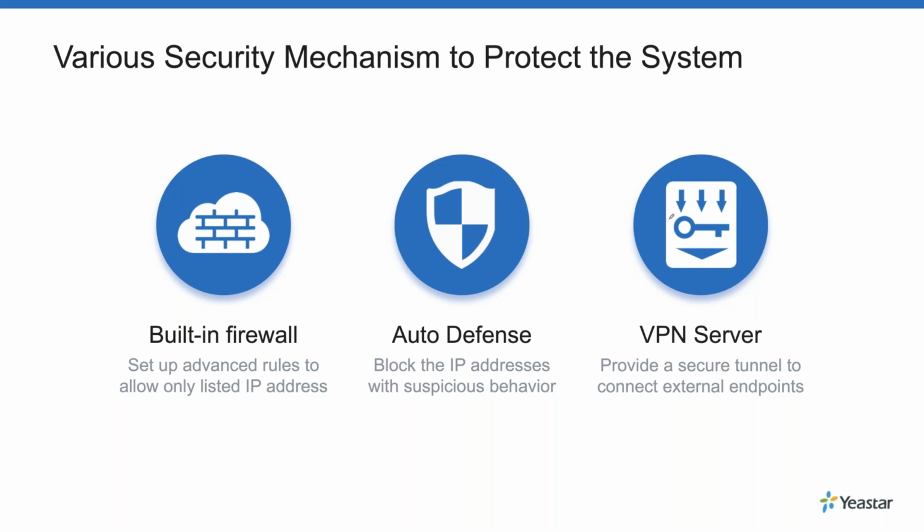And for the second option, if you don't have a VPN service, and you prefer to create a VPN service by yourself for the telephony system only, well, I guess you can use our VPN server feature. This is a built-in feature available on the S412 totally, and we don't charge you a license.